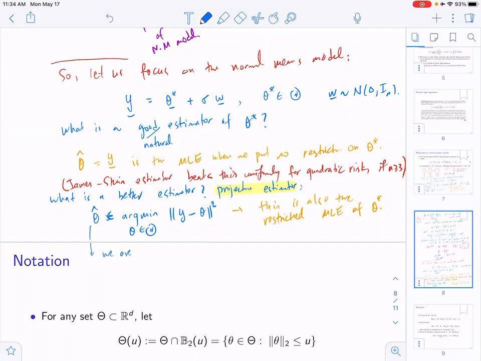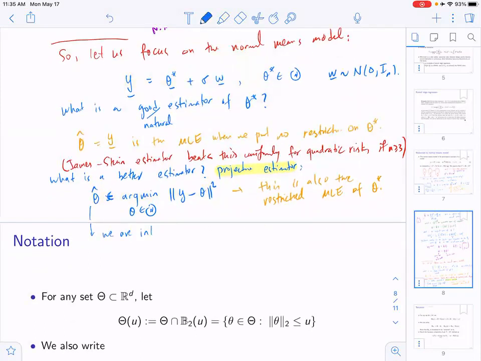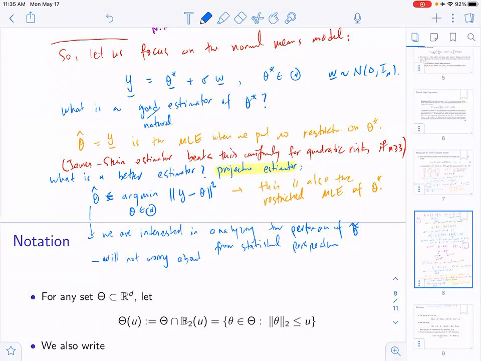We are interested in analyzing the performance of theta hat from a statistical perspective, and will not worry about how to compute theta hat.